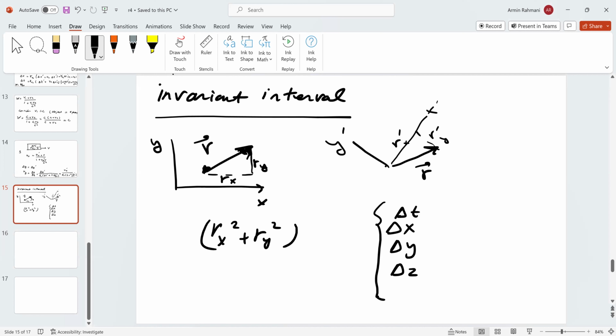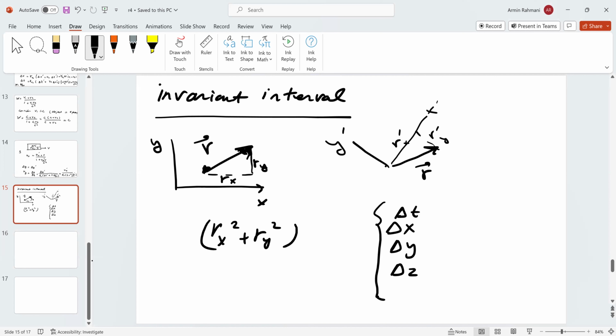so-called space-time. The Lorentz transformation essentially tells us when we move from one inertial frame to another, how these components change. But there has to be something about that vector that's invariant under this transformation.